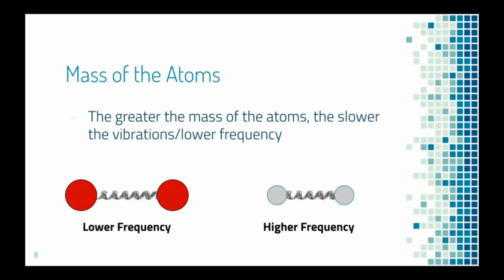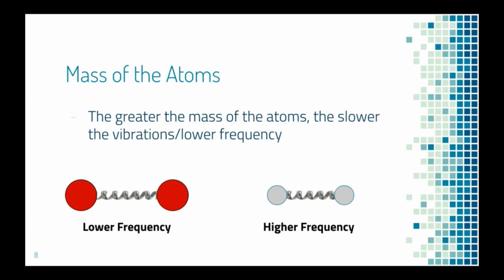If we're talking about the mass of the atoms, the greater the mass of the atoms, the slower the vibrations, or lower the frequency. If we look at the left model, which models a larger atom, say a carbon, imagine two heavier objects, for example two stones attached to a spring.